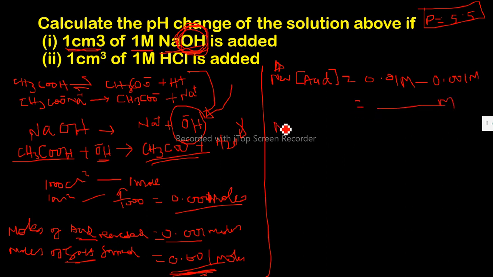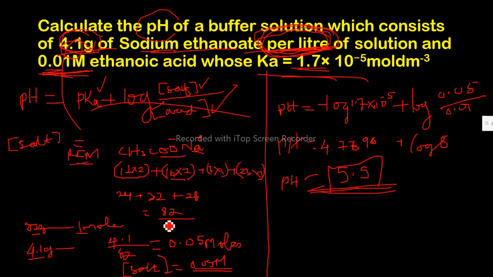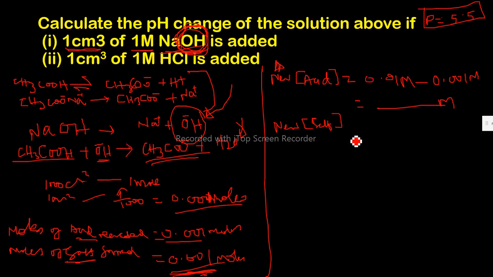Similarly, the new concentration of the salt that is formed is simply the old concentration of the salt, which was 0.05 molar, plus 0.001 molar, because the salt has been formed.